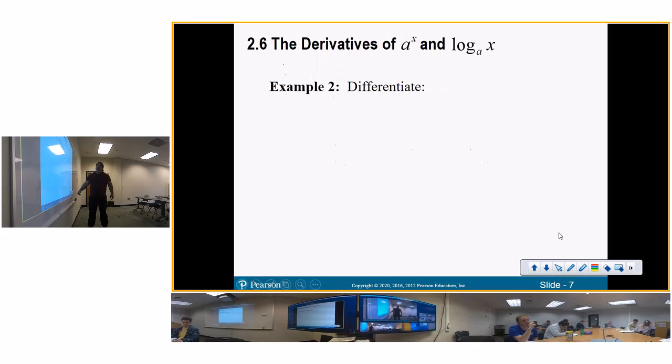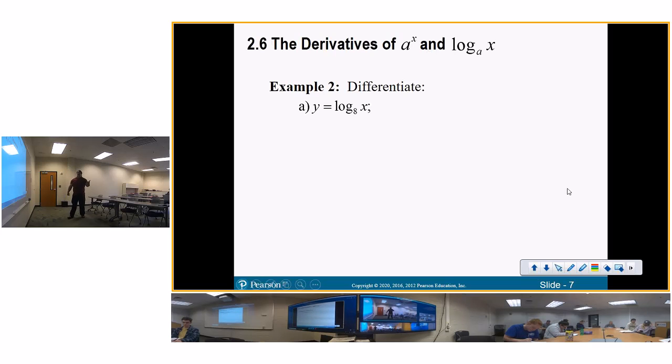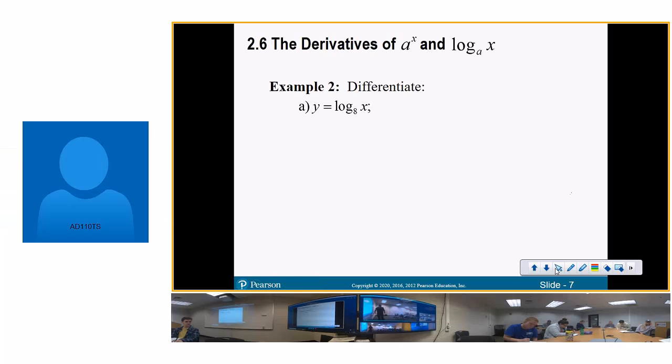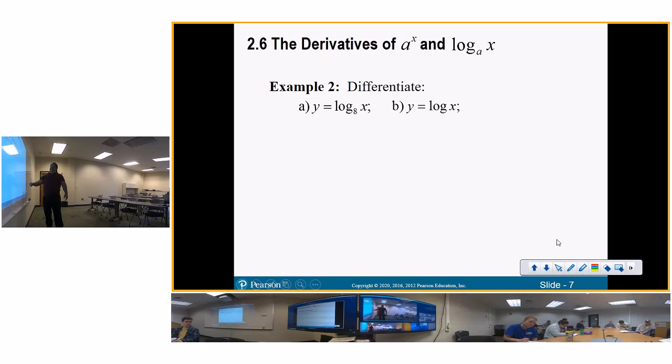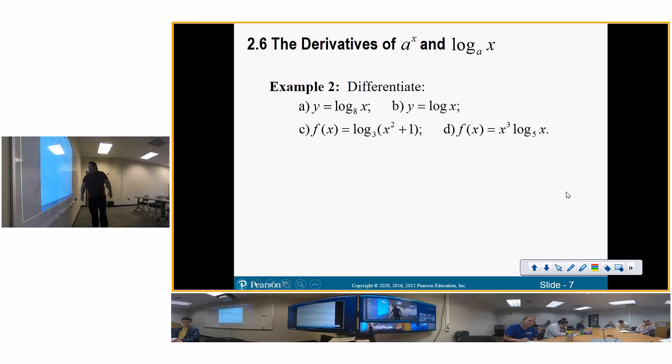So let's look at one. Well, let's go ahead and do the first one.